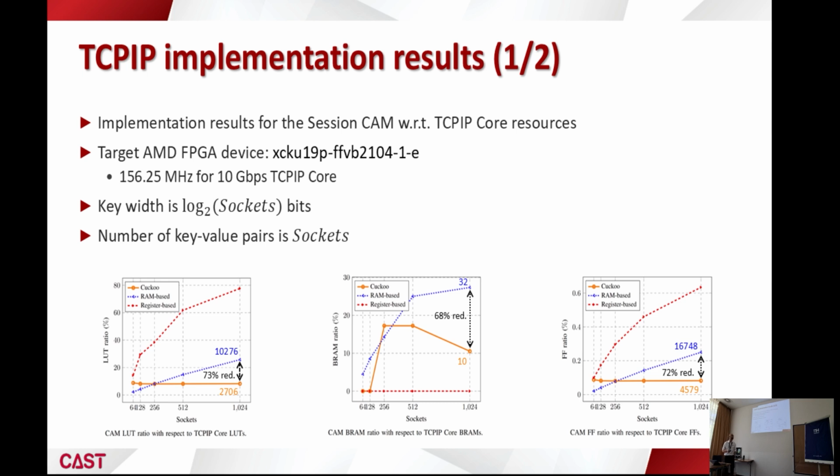And in absolute numbers, the introduced Cuckoo hash-based architecture achieves to reduce lookup tables by 73%, block RAMs by 68%, and flip-flops by 72% with respect to the second examined RAM-based architecture.